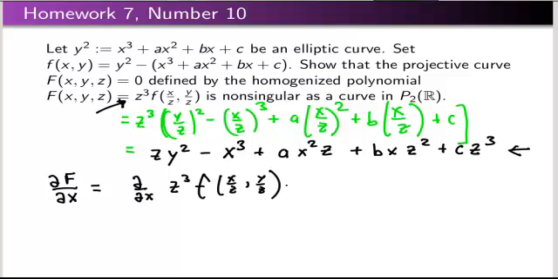So if I do it in that form, z is treated like a constant, and then we use the chain rule, so I have to take partial f partial x evaluated at this point right here, times the derivative of the first coordinate with respect to x, and that looks like 1 over z.